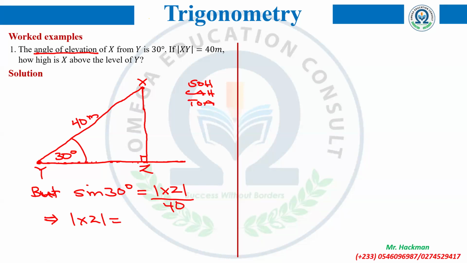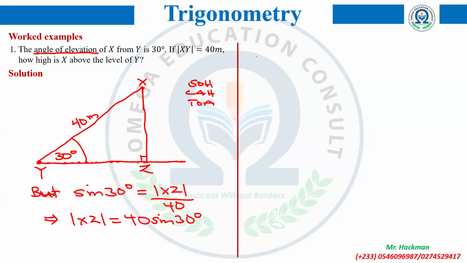If you are cross multiplying, please show your cross multiplication lines. It's JHS that do that. In SHS, if you do that, it can mean that has been cancelled as well. So please take notes. That will give me 40 times sine 30 degrees.